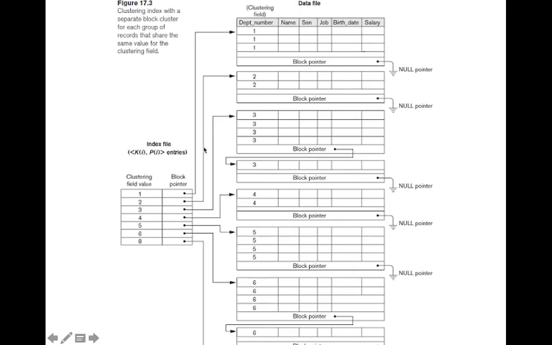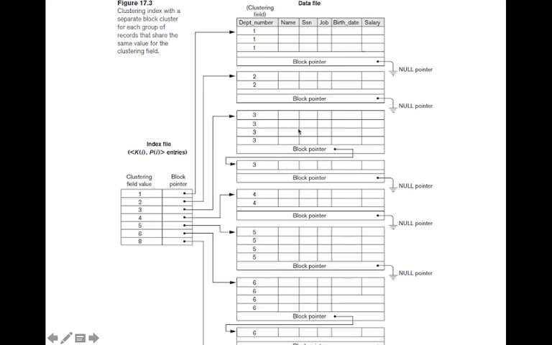So this is another example, the same thing, this is also a clustering index. Here, 1 is only in this block. All the employees with department 2 are in this block, 3 are in this block. If we want another block also, we have a block pointer from this block to another block.